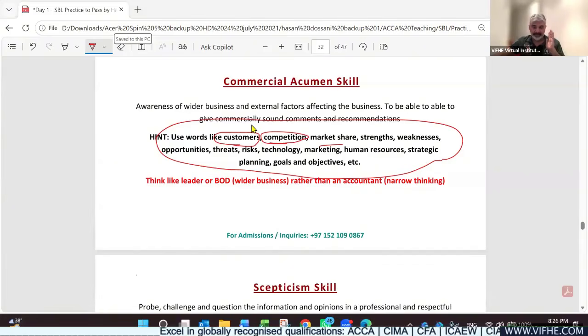Is that clear, guys? The examiner can say, what is the advantage and disadvantage of a talent management program? So if you're able to give the advantage and disadvantage of a talent management program, that's commercial acumen because it's a non-finance topic.